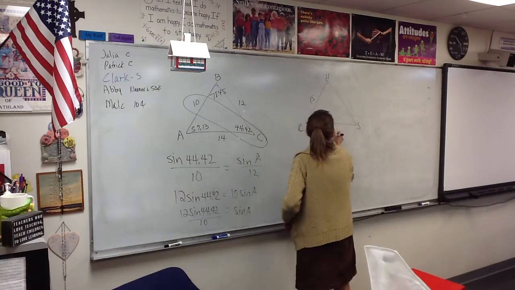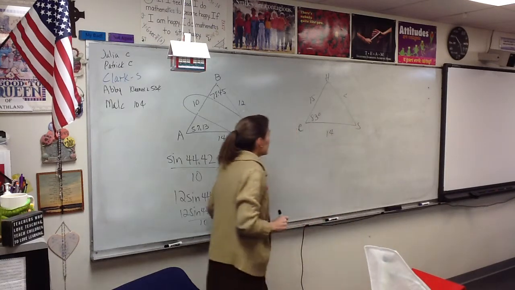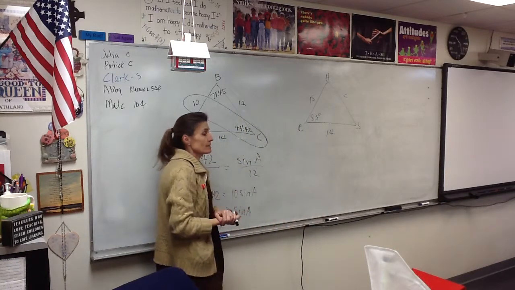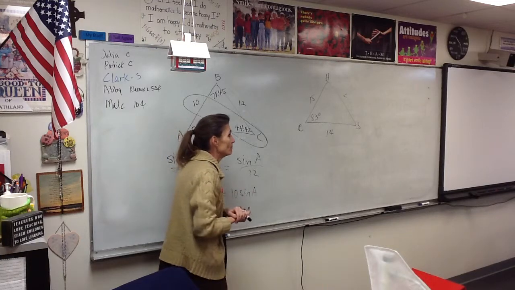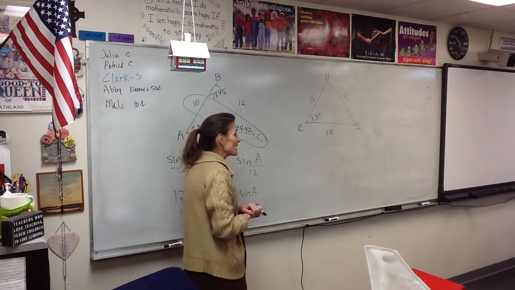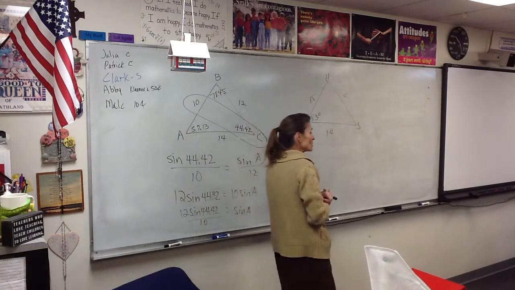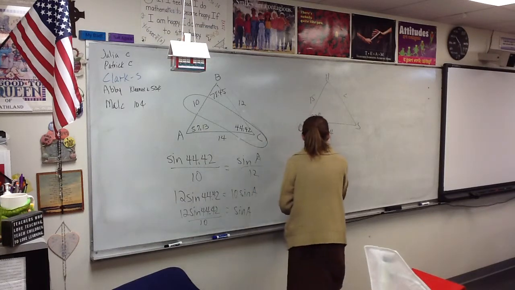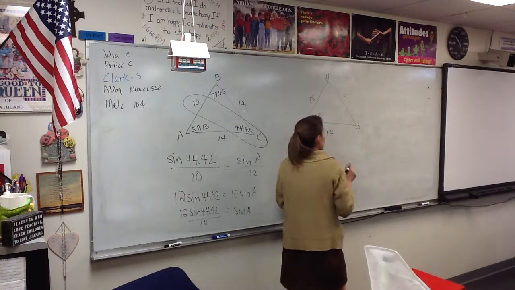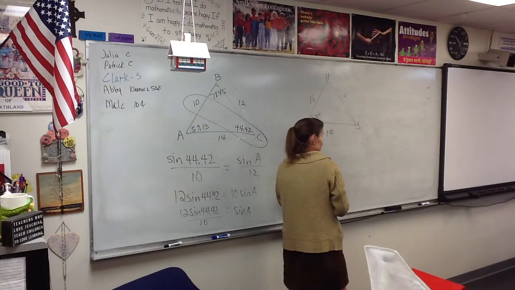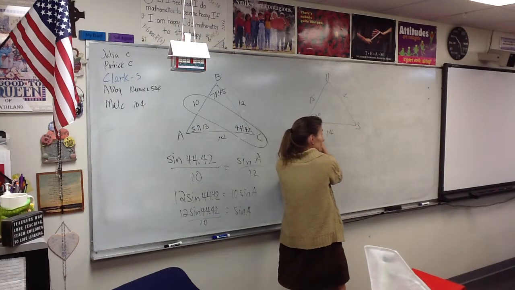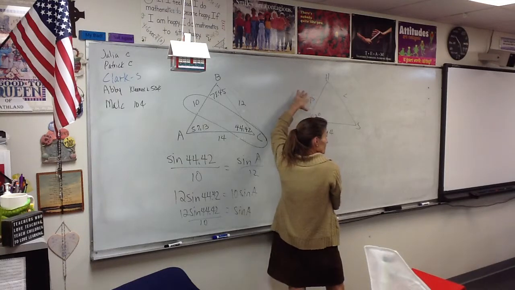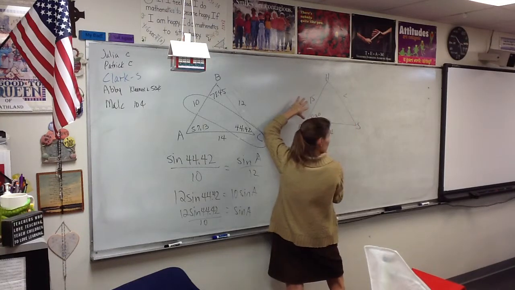Can anybody set up the law of cosines for me? Kaylin, awesome. You can do it. Okay, C squared, very good. It would be C squared, though, because this is our angle. So this is C squared, so now you're going to have the other two sides.